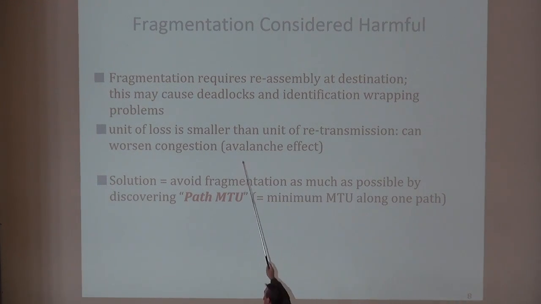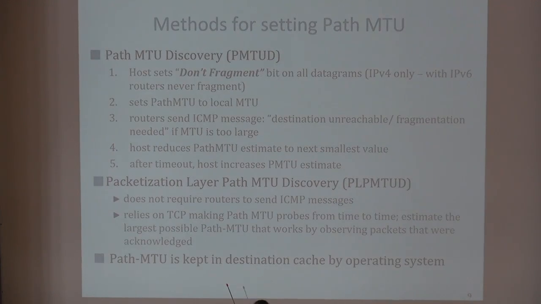In principle, TCP should avoid this, and the way to avoid this is to do what is called path MTU discovery. Path MTU discovery means that the two ends of a communication, in particular when we use TCP, try to infer what's the maximum packet size that works on this link.